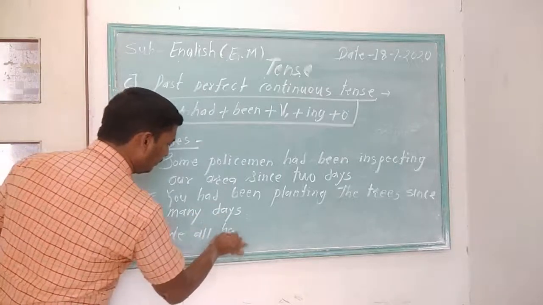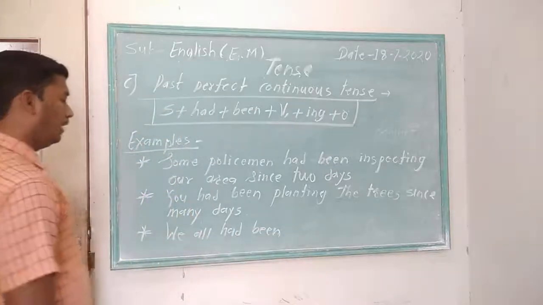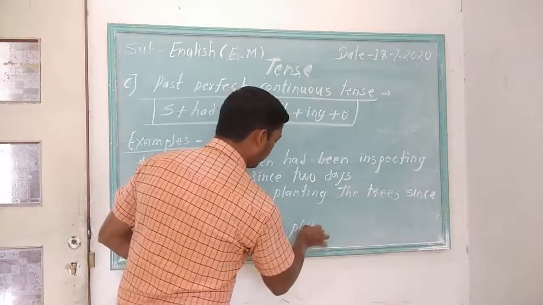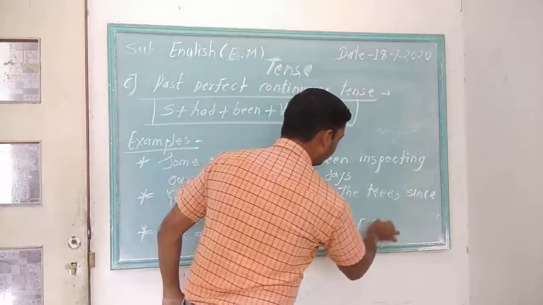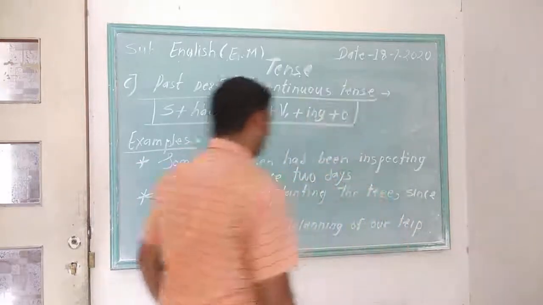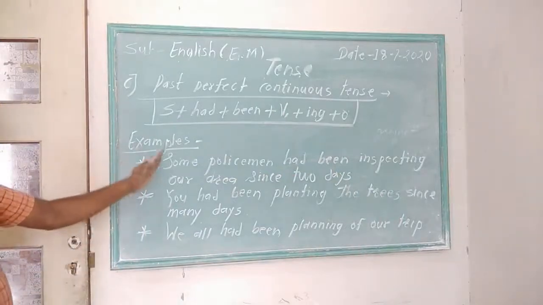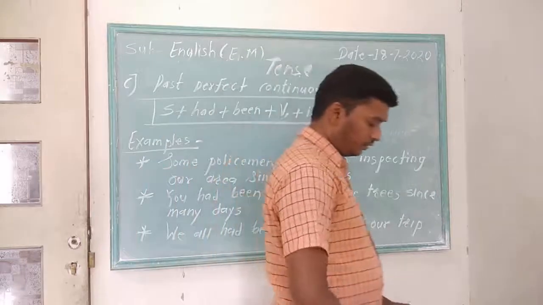We all have been planning of our trip. Okay. These are the examples of past perfect continuous tense.